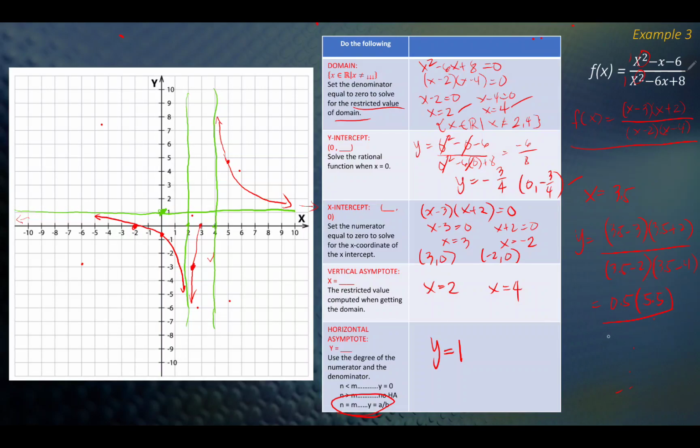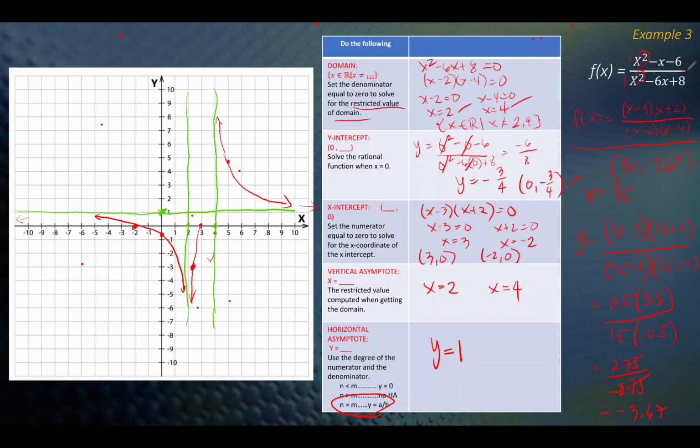All over 3.5 minus 2 is 1.5, then 3.5 minus 4 is negative 0.5. So 0.5 times 5.5 is actually 2.75, and then 1.5 times negative 0.5 is negative 0.75. So di-divide lang natin yan. 2.75 divided by negative 0.75, 3.67, negative. So, for x equals 3.5, ang ating y value is negative 3.67.